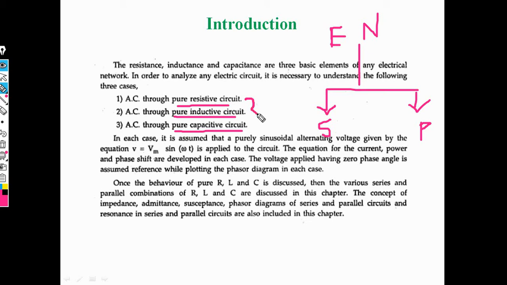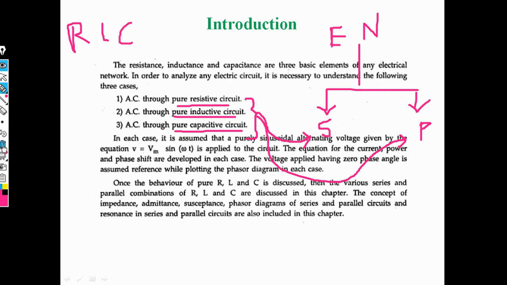These 3 circuits can be used in series and also in parallel. This is the concept of electrical network, classified into 3 basic elements: resistance, inductance and capacitance. This is the introduction of AC circuit.